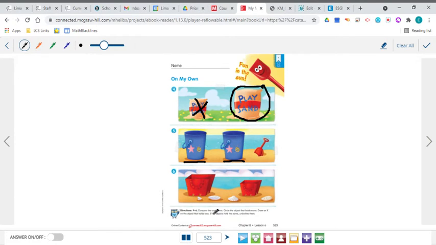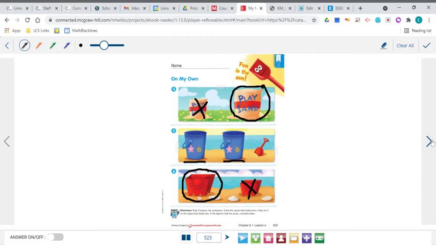Which one would hold more seashells? This one would hold more seashells. If you were trying to fill this up with seashells, this one would definitely hold more. It's the bigger one, so it would have the larger capacity. This one would hold less. It would have a smaller capacity, so it would hold less.